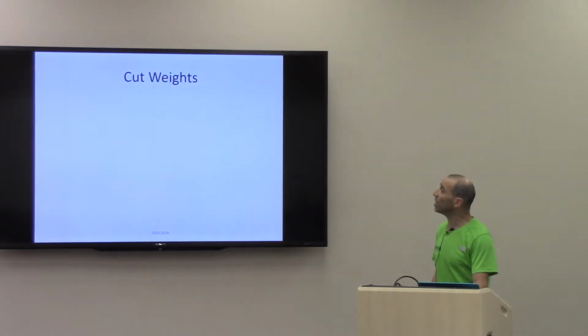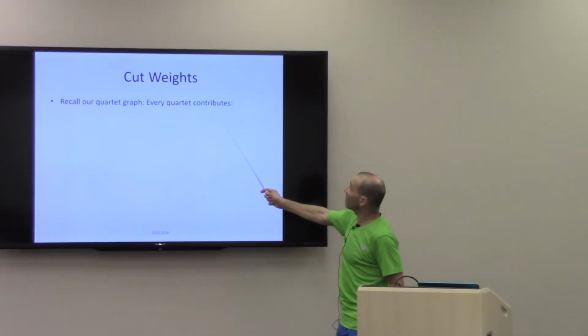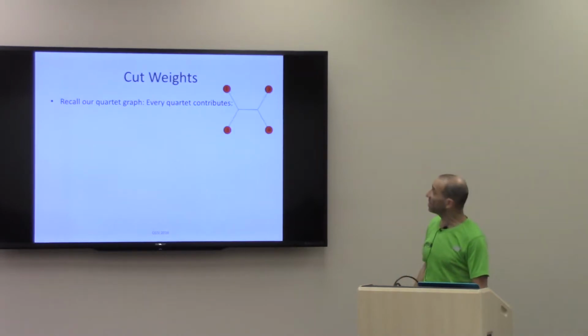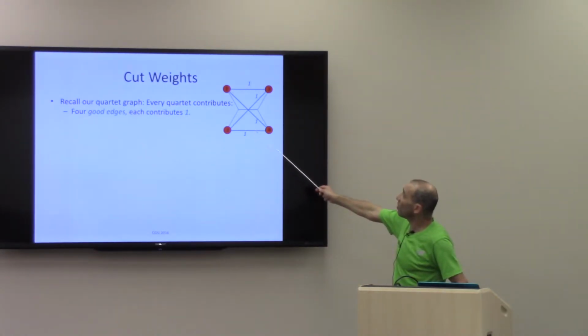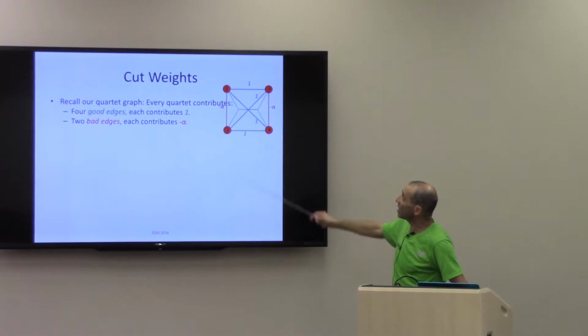So how do we deal with this? We have the cut weights, and recall our quartet graph. Every quartet contributes this: the 4 good edges each contribute 1, and the 2 bad edges minus alpha.